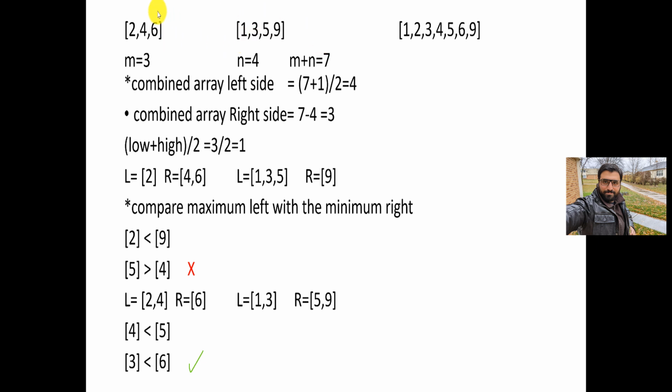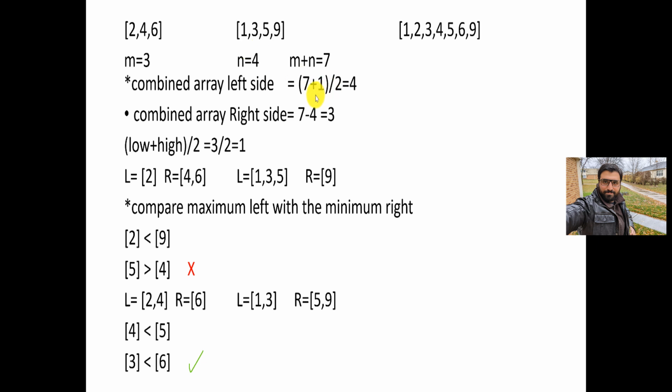Since we're dealing with an odd number, we need the left side to have slightly more elements than the right side, and the left side to be smaller than the right side, to guarantee that the median exists in the left side and not the right side, to narrow down the chances.